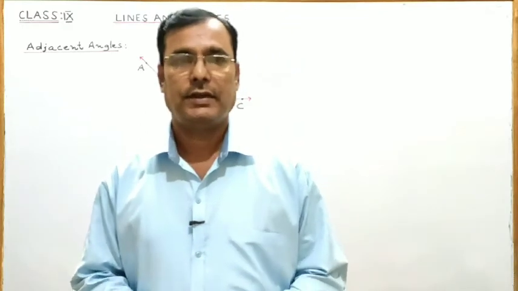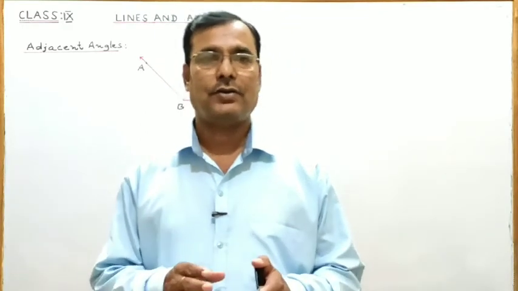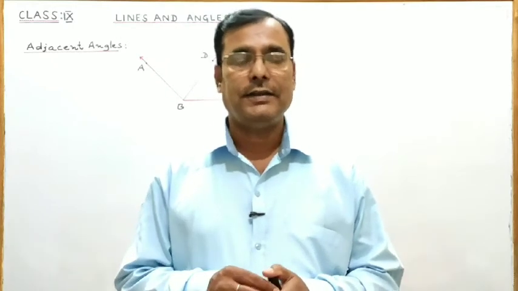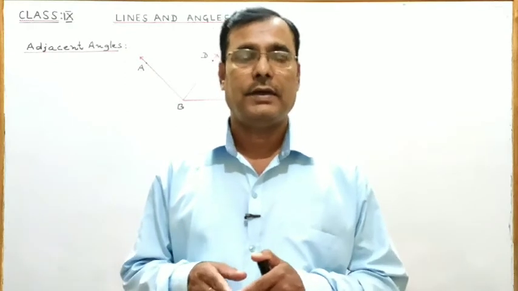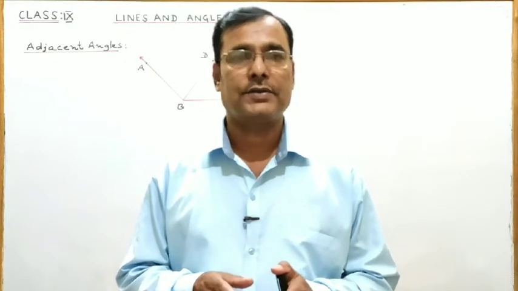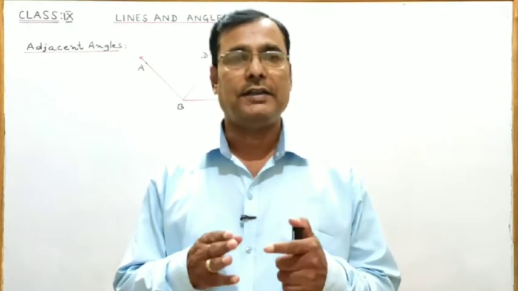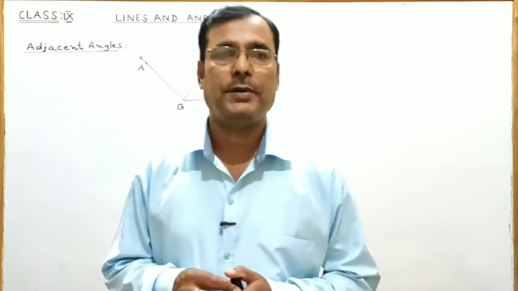Adjacent angles. Two angles are called adjacent angles if they have a common vertex, a common arm, and non-common arms are on different sides of the common arm.